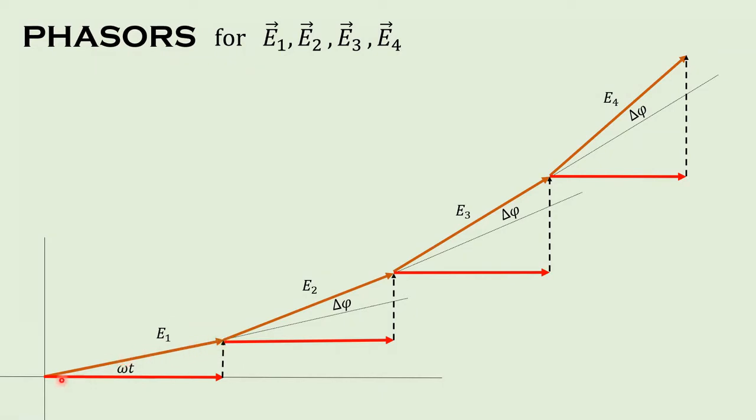The length of the phasor E1 represents the field amplitude, the amplitude of the electric field from slit 1. The red projection onto the horizontal axis is the instantaneous value of the field in time. So as phasor E1 is winding around in circles, the horizontal projection will oscillate sinusoidally.